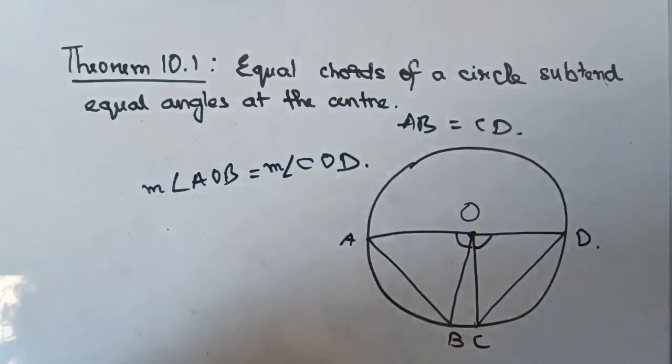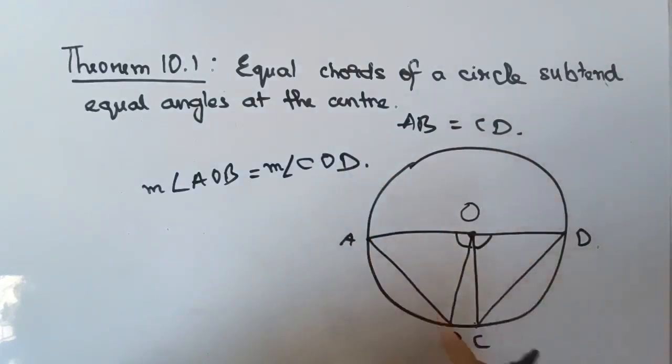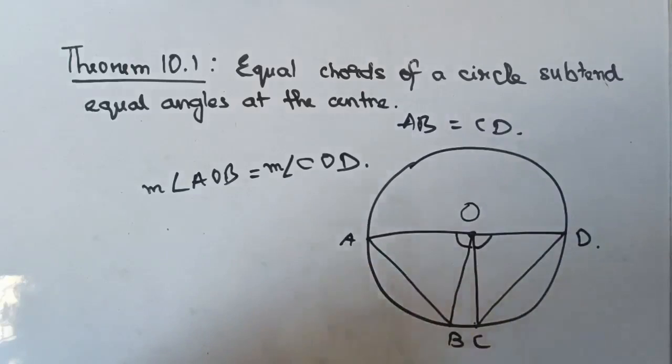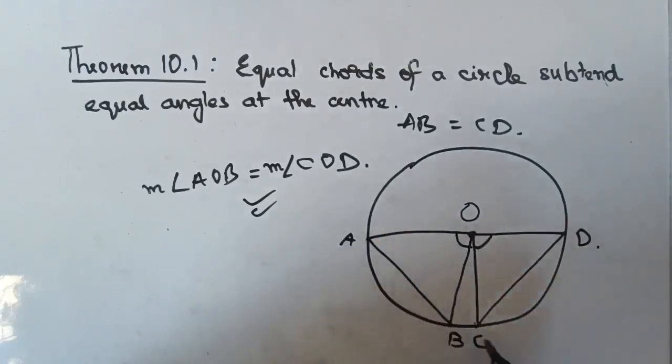So the theorem says these two angles at the center subtended by the equal chords AB and CD will be of equal measure. You can easily prove this theorem by proving that triangle AOB and COD are congruent to each other using the SSS congruence rule.